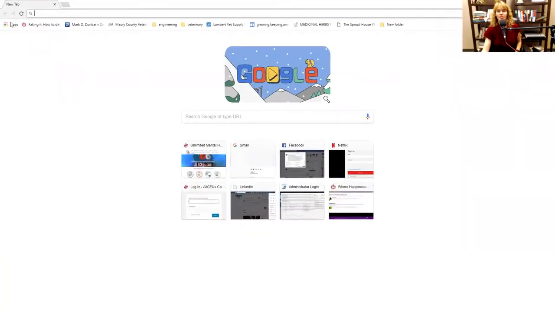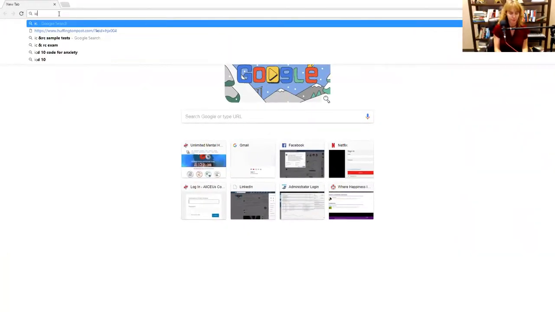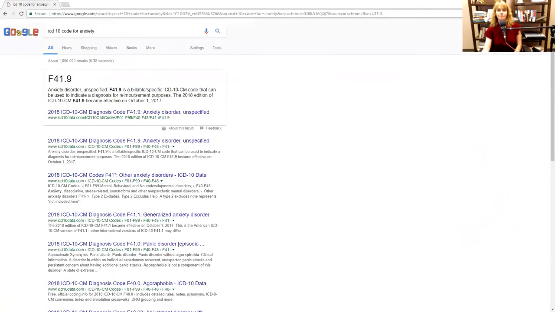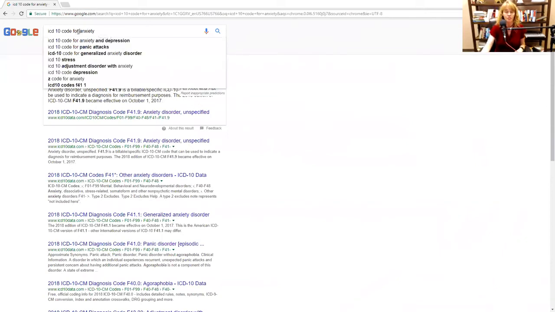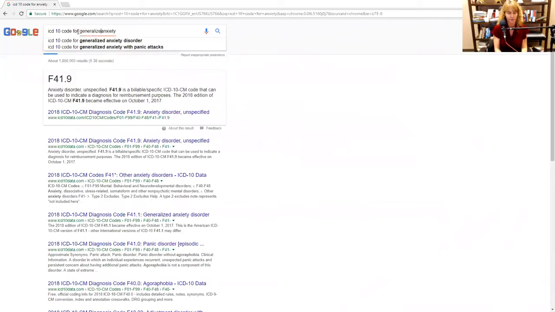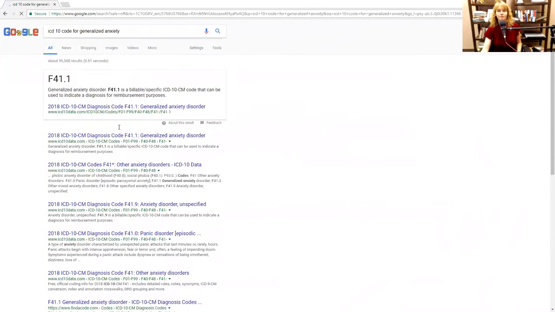Let me just do it right here real quick. The ICD-10 code for anxiety disorder unspecified is F41.9. Let's do generalized anxiety. It's F41.1.